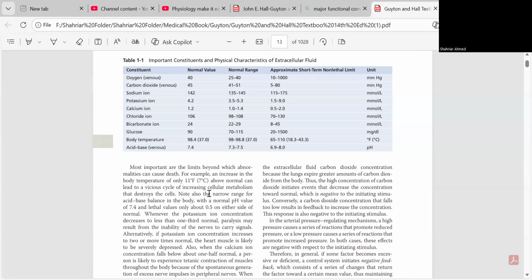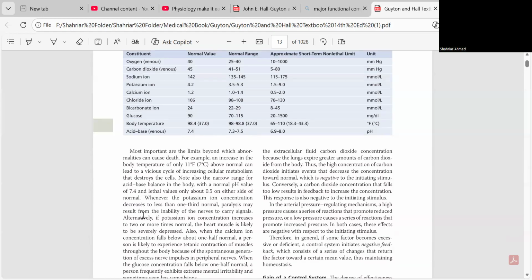Note also the narrow range for acid balance in the body, with a normal pH value of 7.4. This is an average, in the range 7.3 to 7.5, and the lethal values are only 0.5 on either side of the normal.